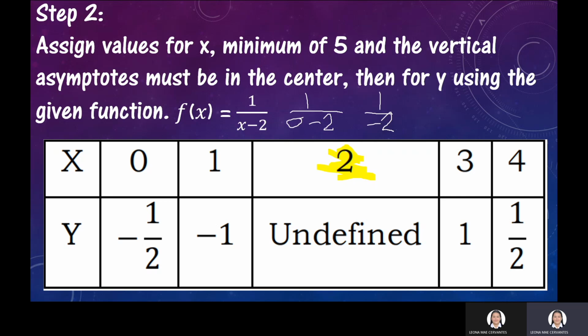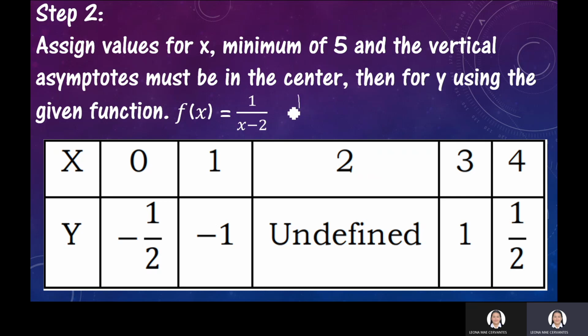Then, for x equals 0, y is equal to negative 1 half. 1 over negative 2 is negative 1 half. Next, let's use positive 1.